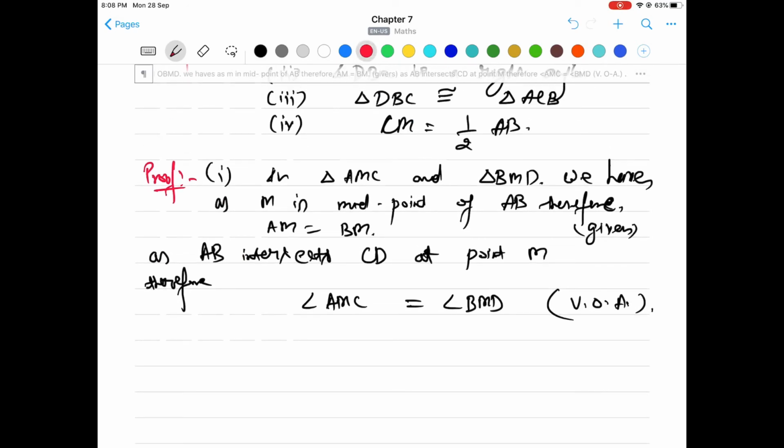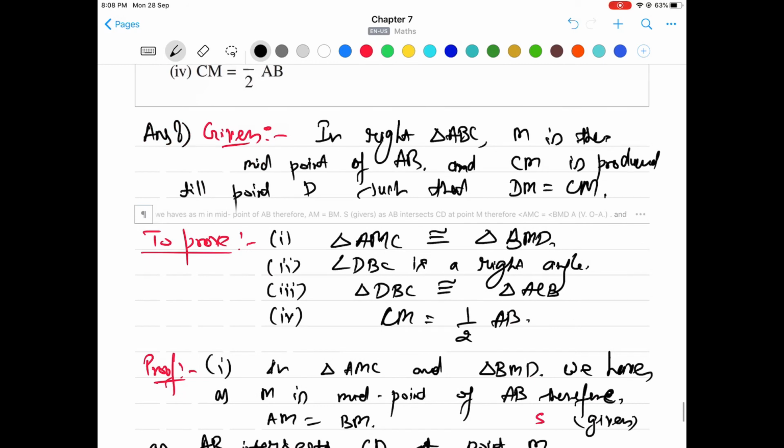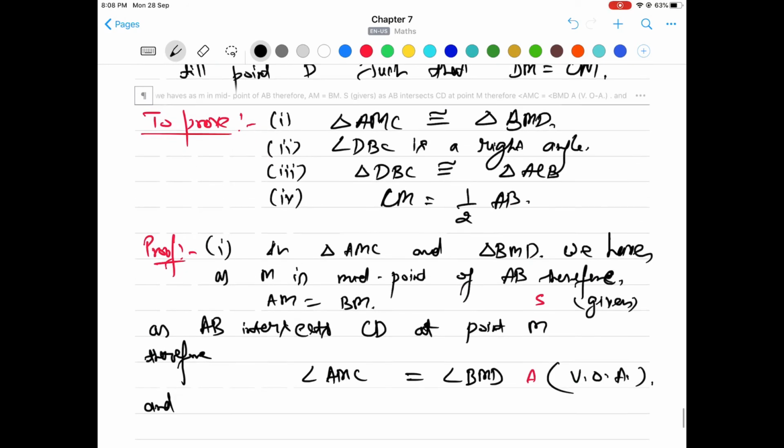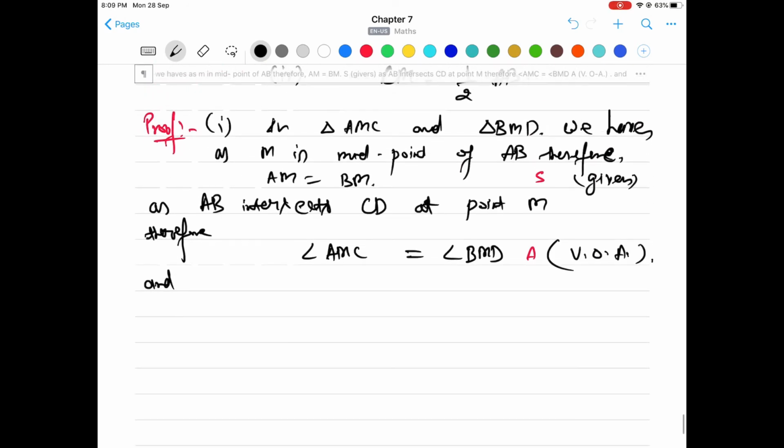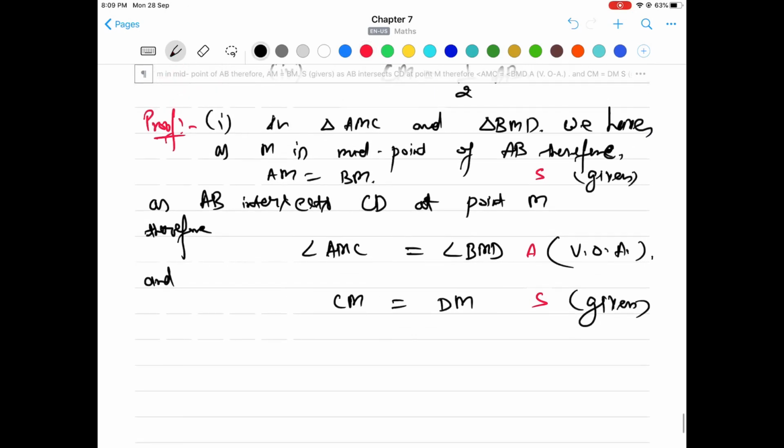So we got one side and we got an angle. Now we'll write the third side, and it's given in the question that DM is equal to CM. This is the side. So by the side angle side congruence rule, these two triangles will be congruent.